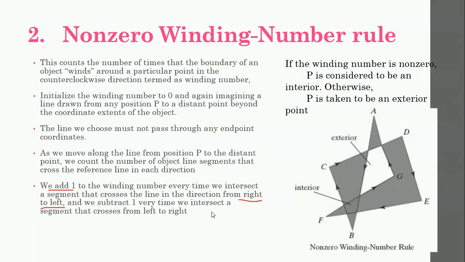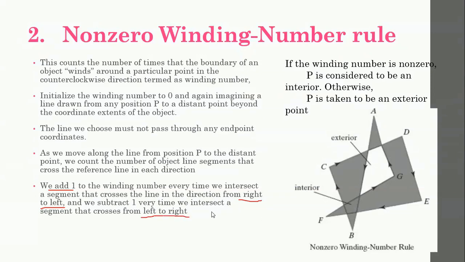So if the initial winding number is 0, then you add 1 if the direction of the line segment you have chosen is right to left. That is one point, and we subtract 1 from the given value if the line segment crosses from left to right. That is the two conditions we have.